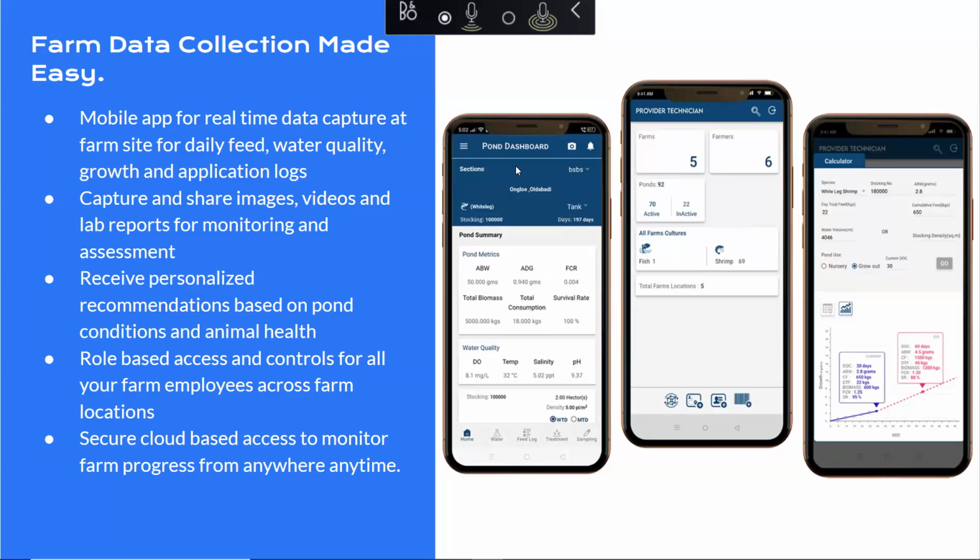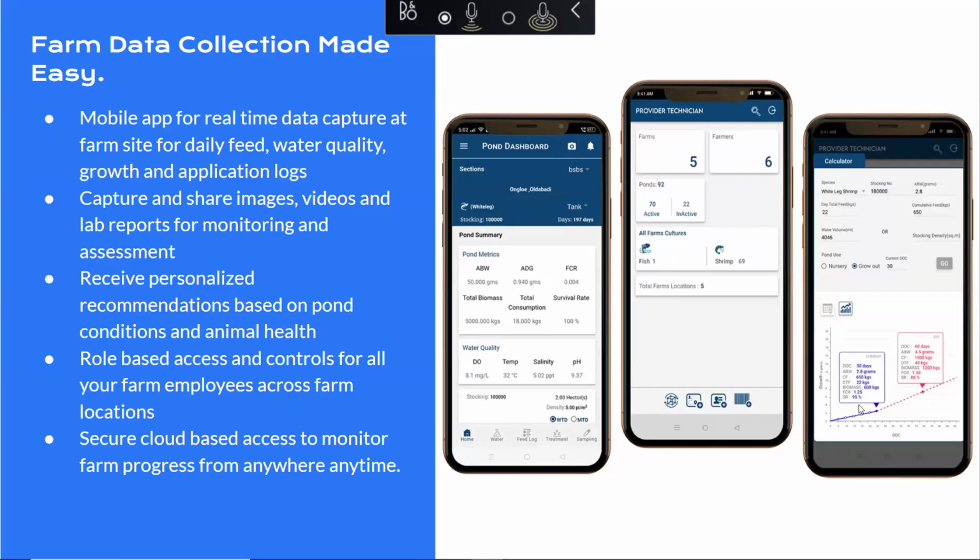He can do some kind of calculations. You can see on the right side of the screen there is a small graph. This is the DOC, the days of culture, and on the other axis we are looking at growth. The farmer is currently at 30 days. His ABW is 2.8 grams, and cumulative feed is 650.